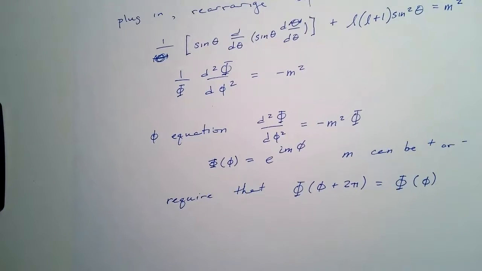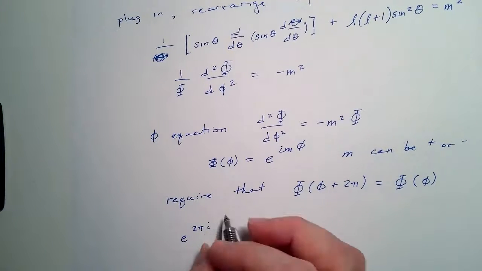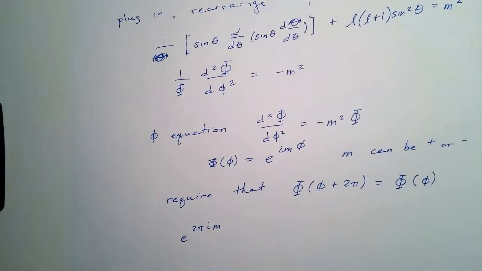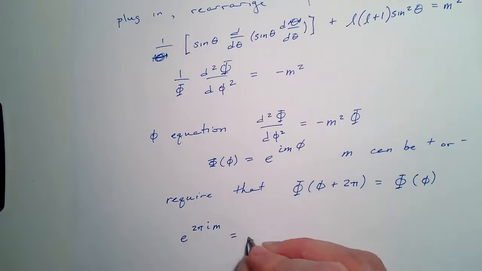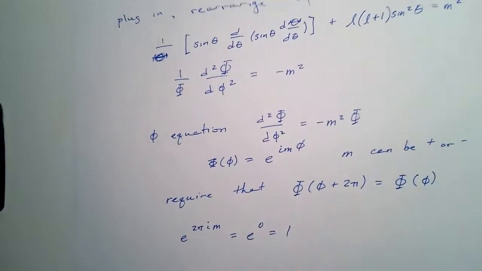So in that case, you are saying that e to the 2 pi i m should equal e to the 0, or 1.